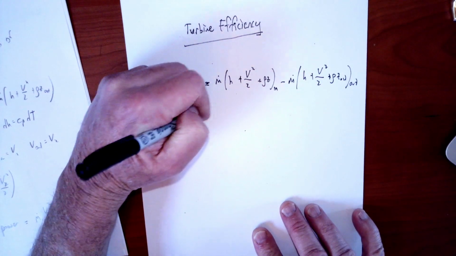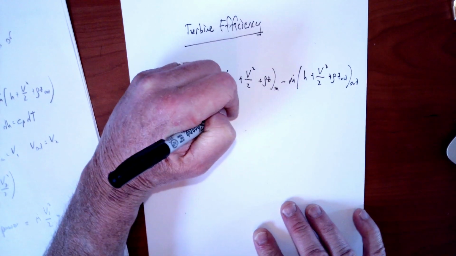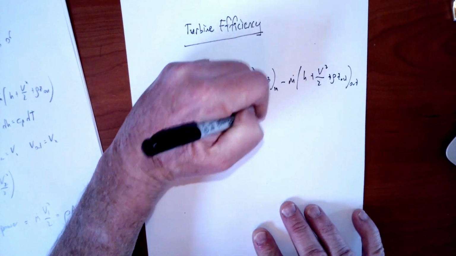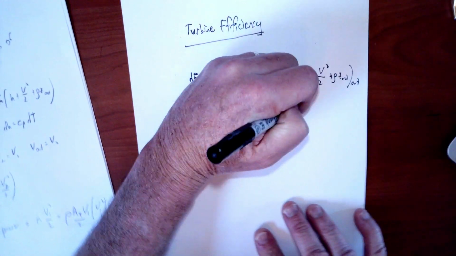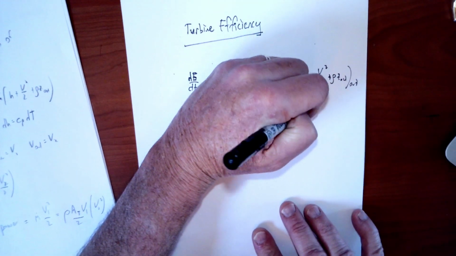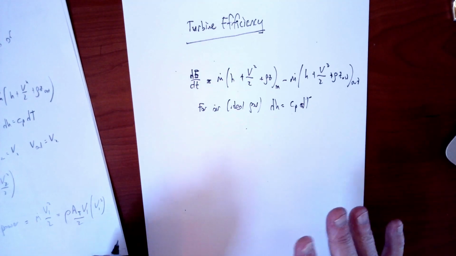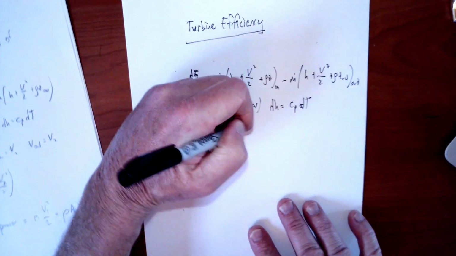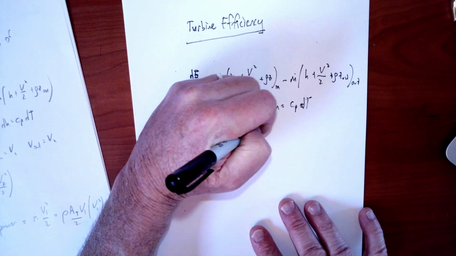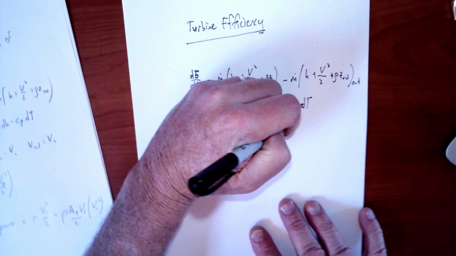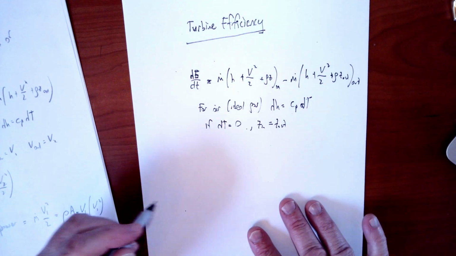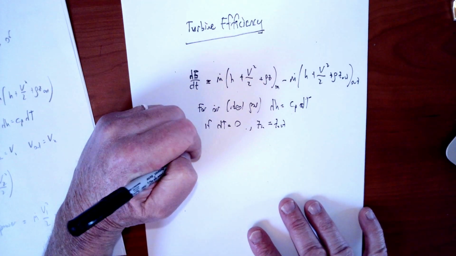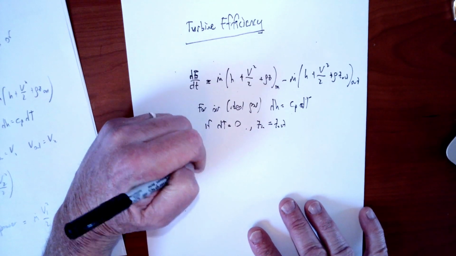We know that for air, which is an ideal gas, the change in enthalpy is equal to Cp dT, that is, a change in temperature. And we're not going to have any of that. So we're going to assume the temperature change is 0, and also z in equals z out. No surprise here: this energy that we're interested in is related to the velocity.